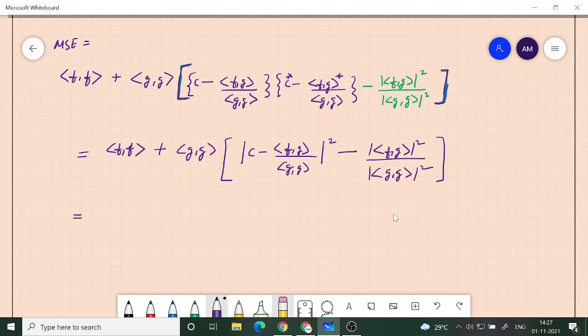Now what we are interested in is finding the best value of C that would minimize the mean square error. The mean square error contains different terms. One is this term, the other term is ⟨g, g⟩ times the modulus square of C minus ⟨f, g⟩ divided by ⟨g, g⟩, which is the second term, and then the last term.